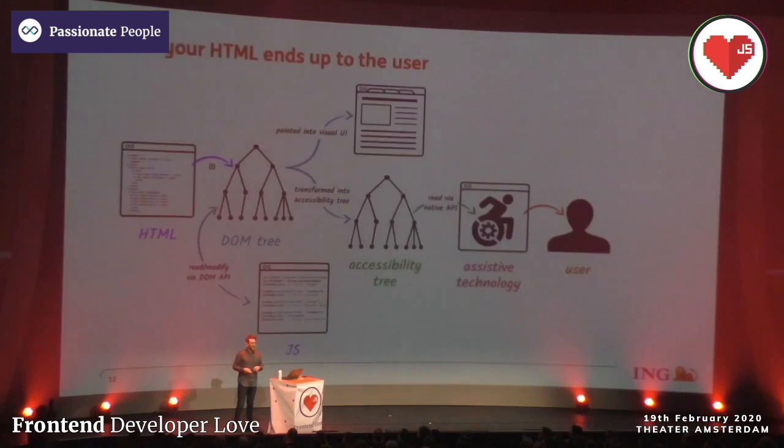So this is actually how the accessibility tree and users using assistive technology get their content presented to them. We start with HTML, and then HTML is rendered towards a DOM tree, right?